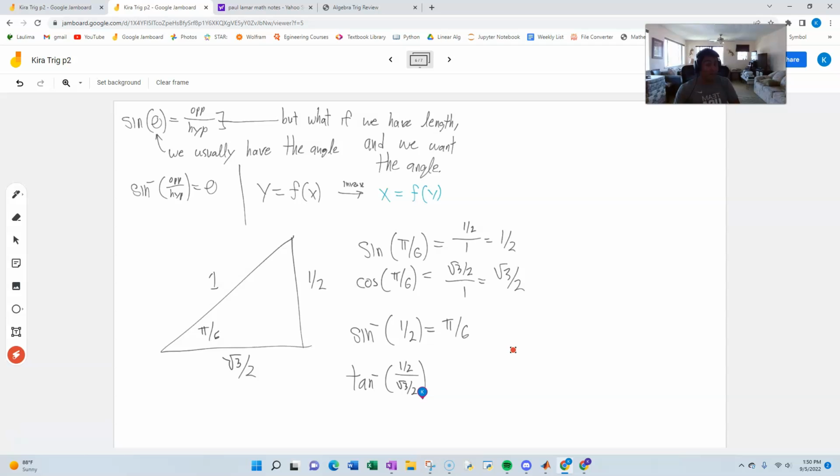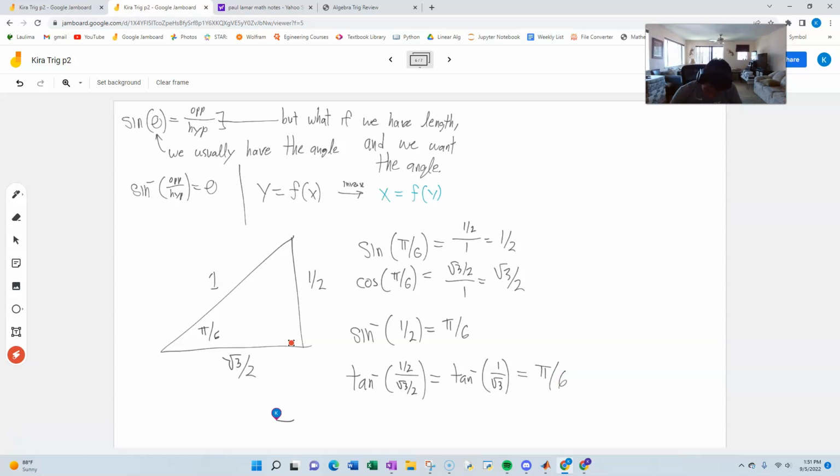If I ask you what the tangent inverse of that is, that's a little hard, right? I mean, that's a little bit easier than if I was to ask you what the tan inverse of 1 over square root 3 is. It's pi over 6. And let me prove it to you.